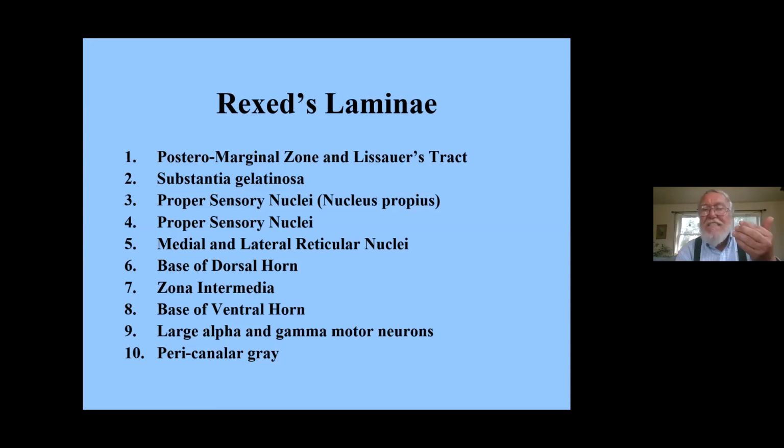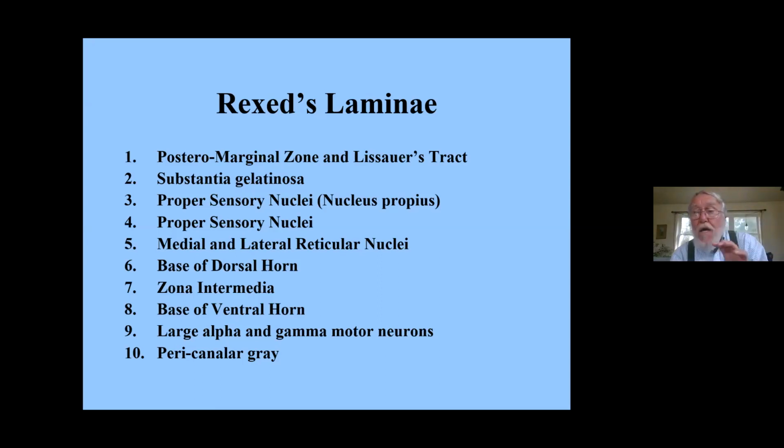Whereas nociception is that form of pain that is primarily nociceptive, sensory discriminative. So it is the substantia gelatinosa and medial and lateral reticular nuclei that are bringing in this nociceptor information. We're going to go through this in a bit more detail.